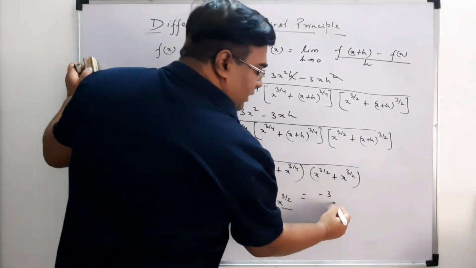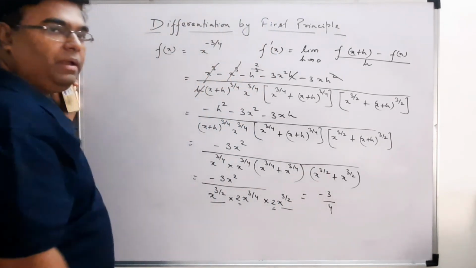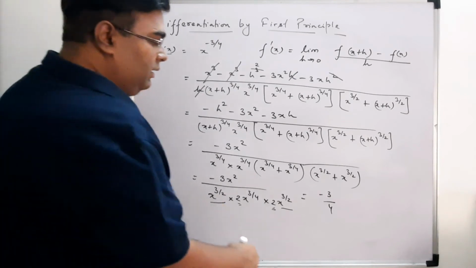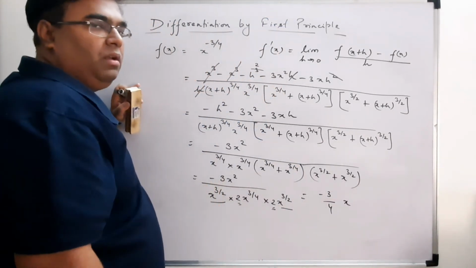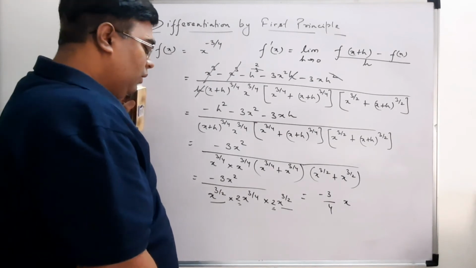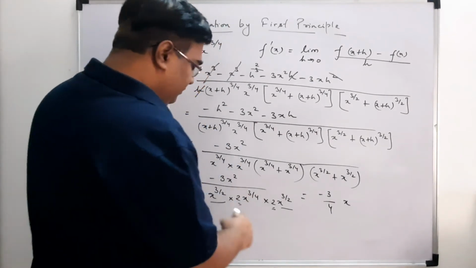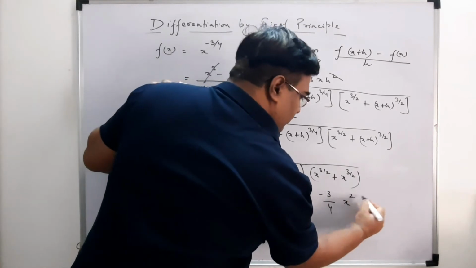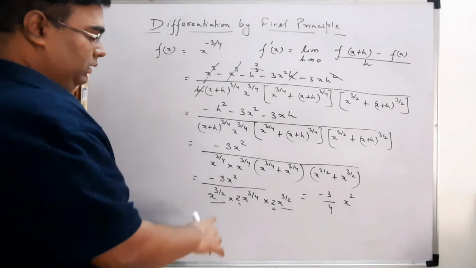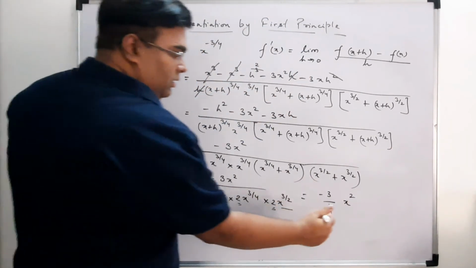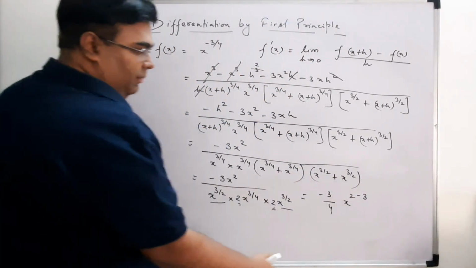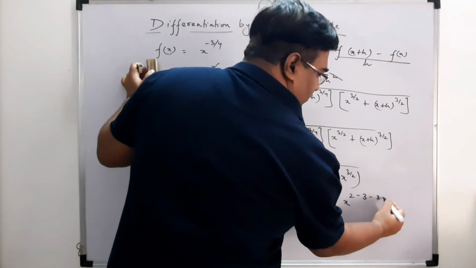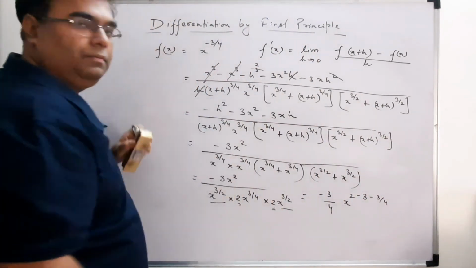So we can separate this number, minus 3 by 4, and then we can write x raised to, and using the law of exponents, here it is 2, this and this will become 3, so minus 3 by 4.